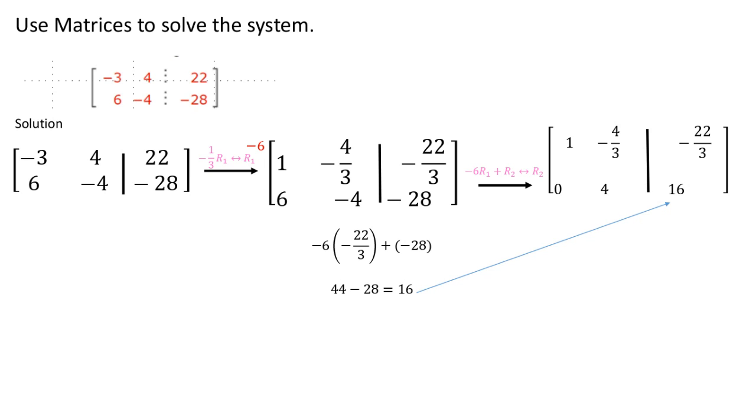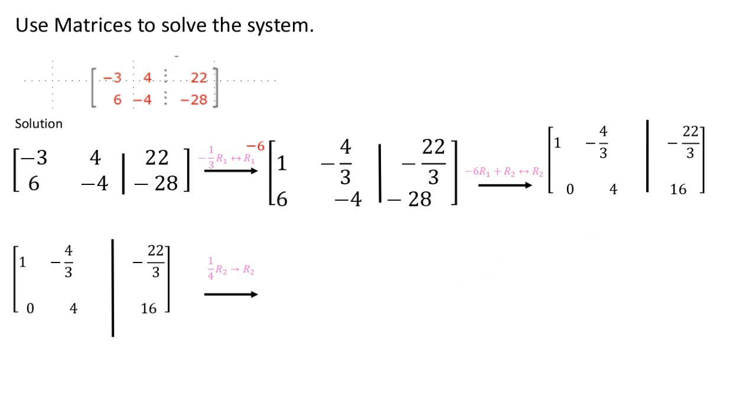So now we want to change the next diagonal to a 1. So we want to make this a 1. We're going to multiply by its reciprocal, which is going to be 1/4. I just wrote this matrix down here so we can continue.